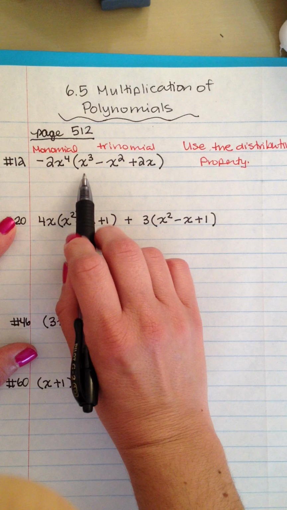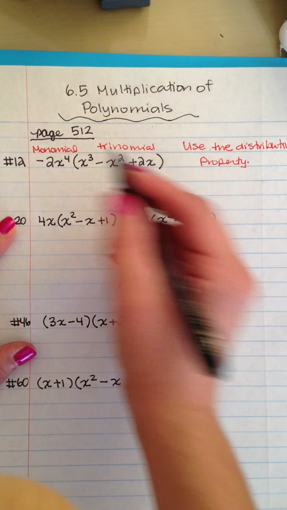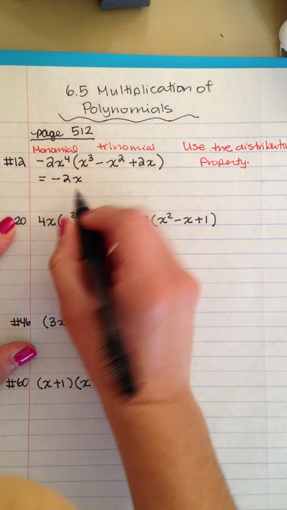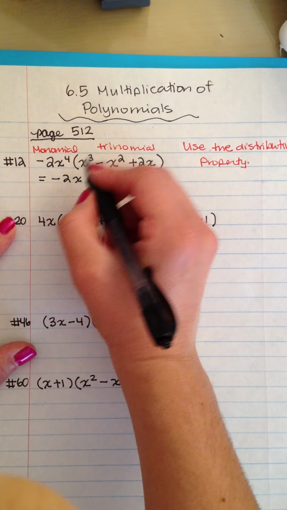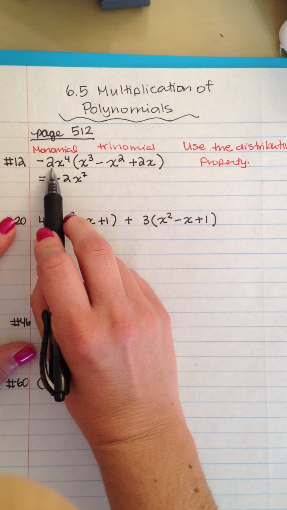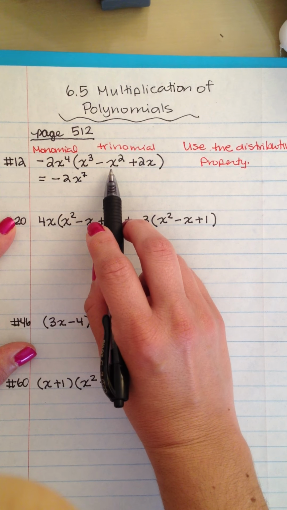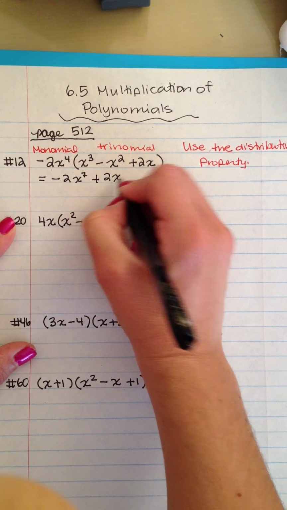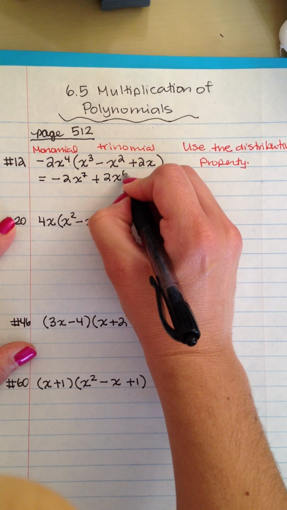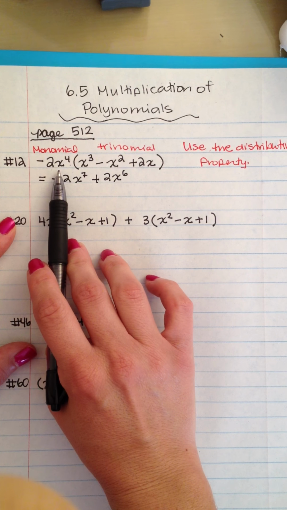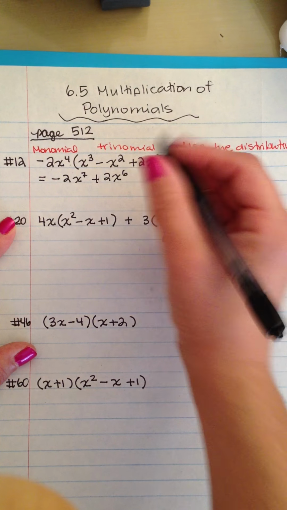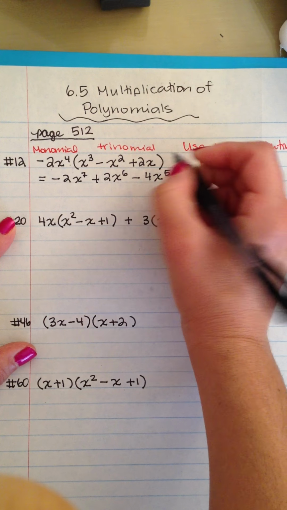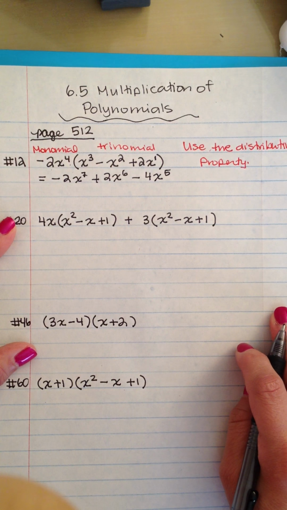You should add your exponents, and so we're going to get negative 2x, add the exponents, 4 plus 3, so 7, negative 2x to the 4th times negative x squared is a plus 2x, 4 plus 2, 6, and then negative 2x to the 4th times 2x gives us a negative 4x to the 5th because there's an exponent of 1 for the x.